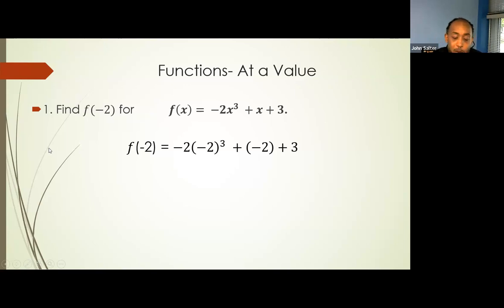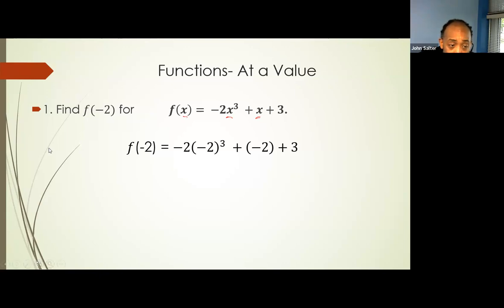I'm just helping to direct your understanding of how we're doing this. Wherever my x value was, I'm replacing it with the value inside my parentheses, which was -2. The -2 replaced the x, so everywhere there was an x, I replace it with a -2, and this is what I get.